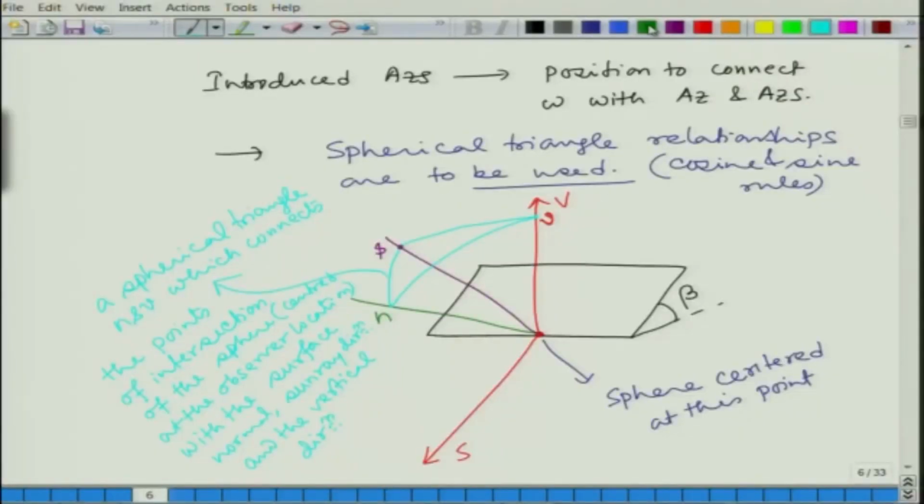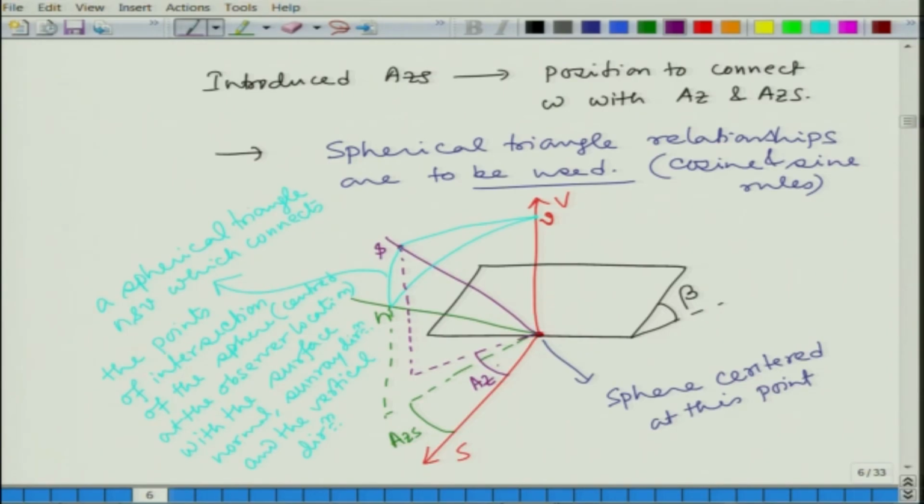So, now we will try to locate a few angles here. One thing is again we can drop these projections. Okay. So, this one will be our AZS, the surface azimuth angle, and then we can also drop a projection here. So, this angle will be the solar azimuth angle AZ. Okay.